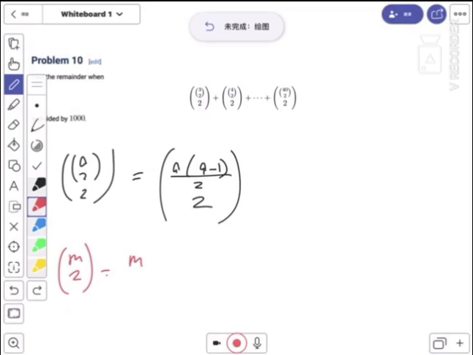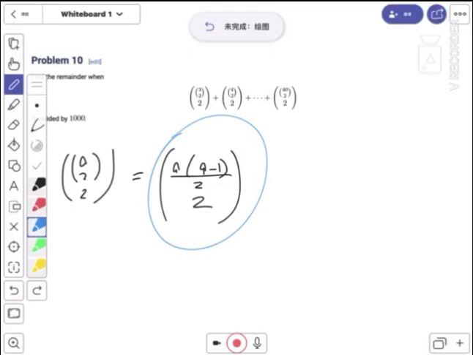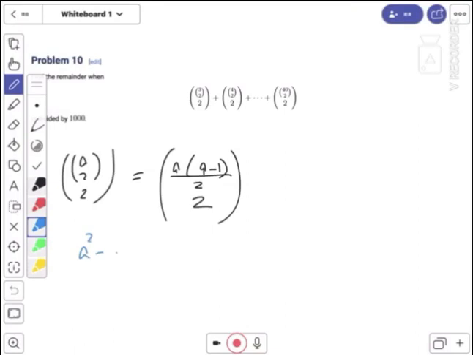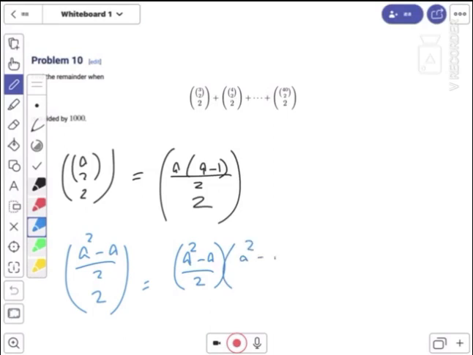So now, what is even this expression right here? This seems to be not really friendly, right? So we're going to actually play around. So a squared minus a over 2 choose 2 is just equal to a squared minus a over 2 times a squared minus a minus 2 over 2, and then divide by 2.